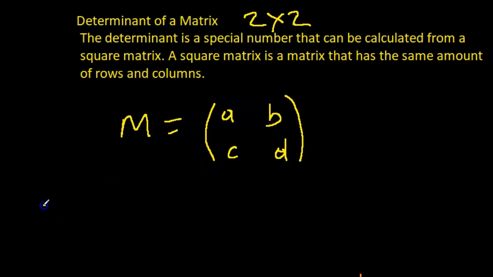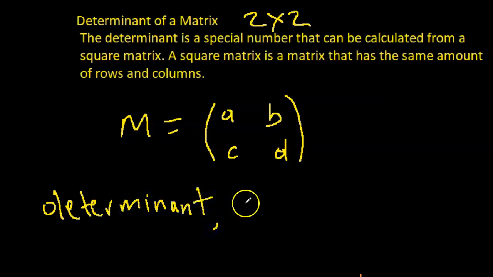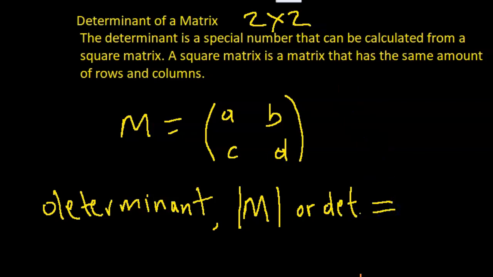So for the determinant, we usually use the letter, whatever the matrix is called, like that, or sometimes we just abbreviate it and say DET, short for the word determinant. And in terms of how we calculate it, cross multiply and subtract diagonals.